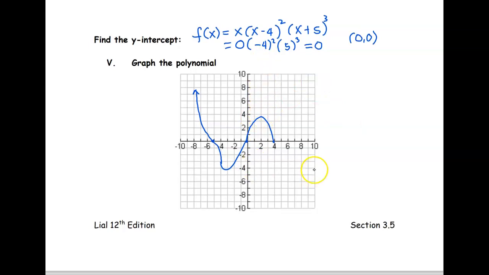Then at 4, we know that it will not cross and go down here because the multiplicity is even. That means it will just bounce off the x-intercept. After that, it would curve up again. So this is how the rough sketch of the polynomial function would look.